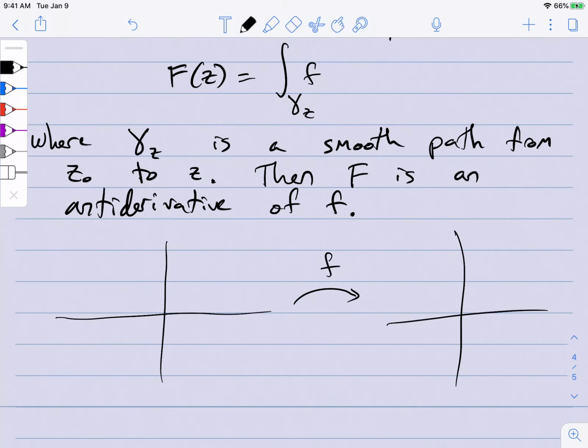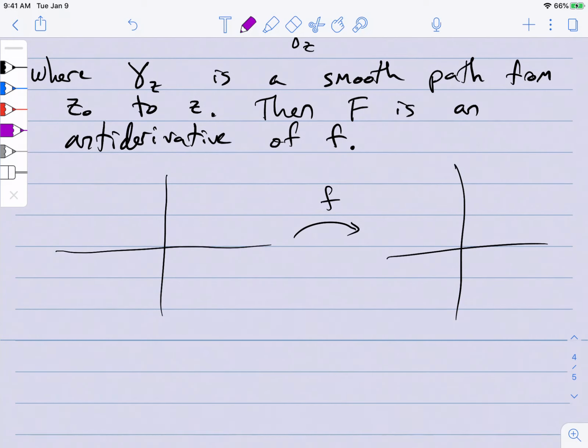I've got my function little f, and it's defined and continuous in some region G. And there's some point z0 that I've chosen.